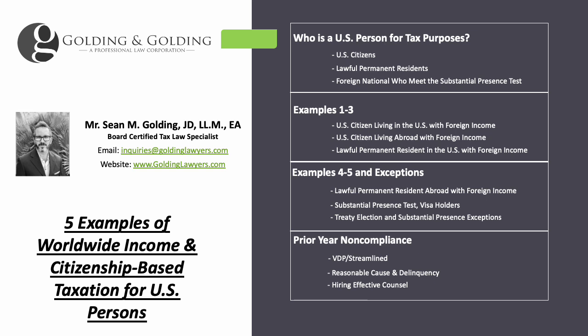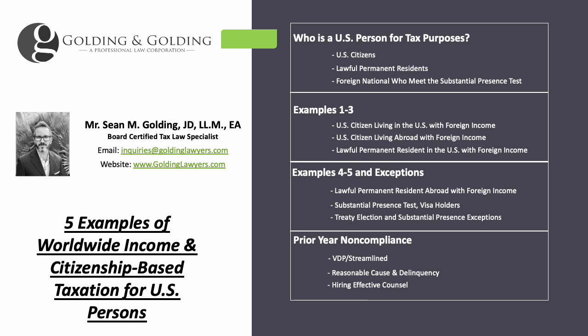Example 1. A U.S. citizen is living in the United States with foreign income. The taxpayer lives in the United States, works in the United States, and pays tax in the United States on their U.S. income. They also invested in some foreign country, so they have interest income or dividends from a foreign country. Maybe it's a current account generating a small amount of interest in the UK.